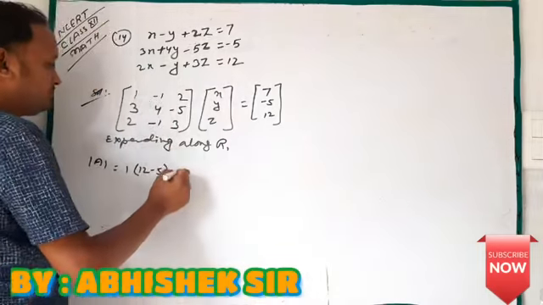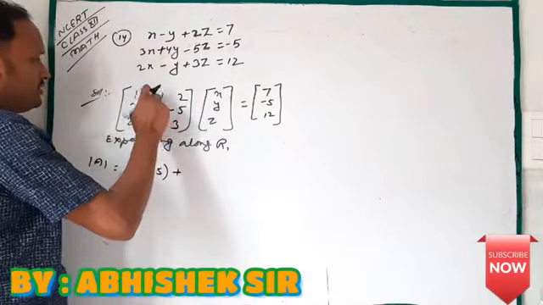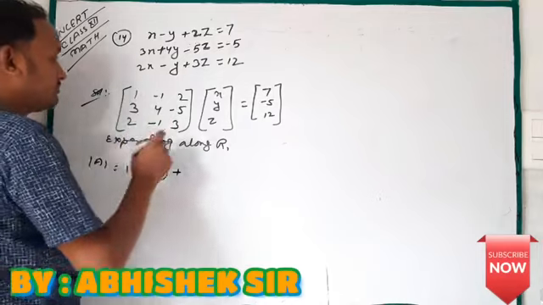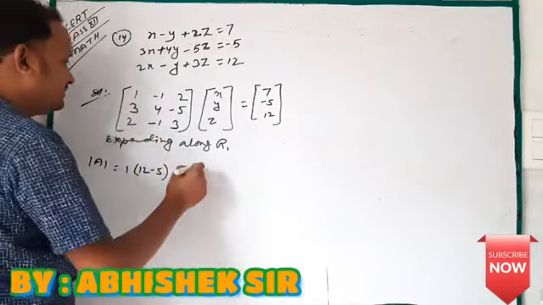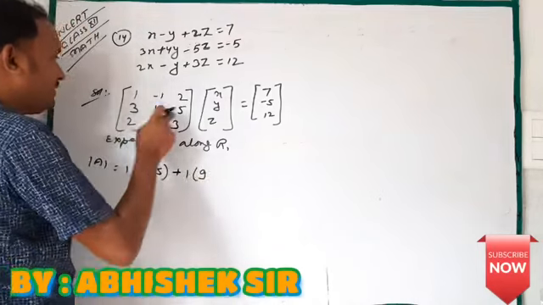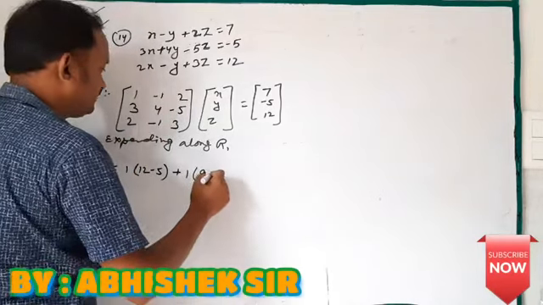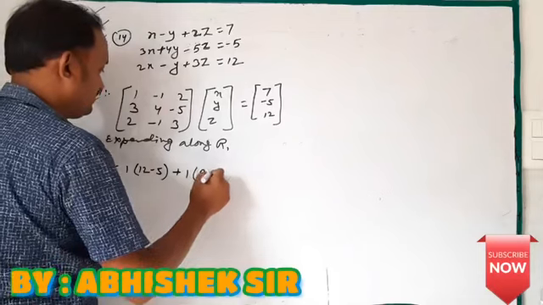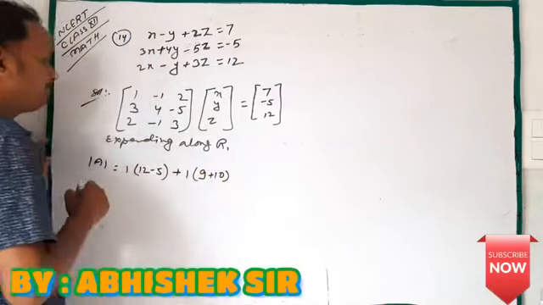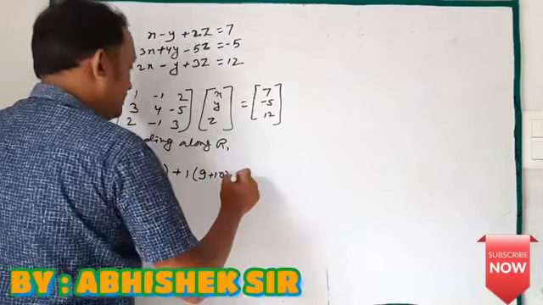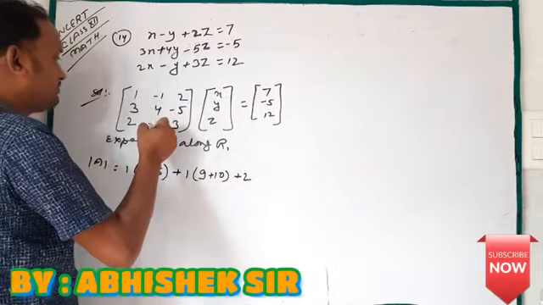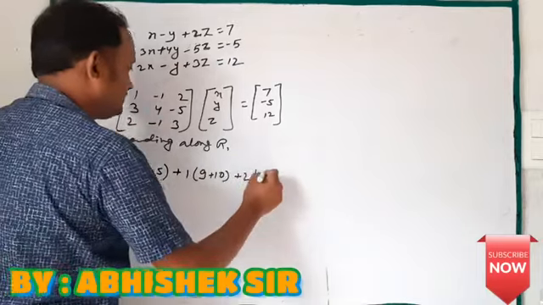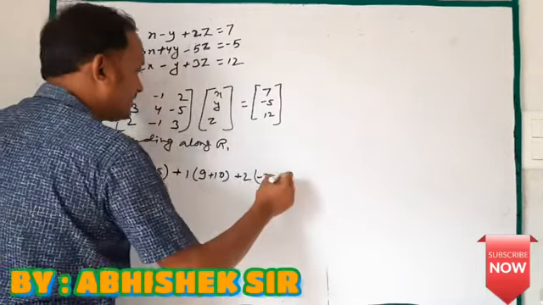Minus minus plus, first row, second column: 1, 3 3 is 9, 5 2 is 10, plus 10, plus 2. First row, third column: minus 3, minus 6.